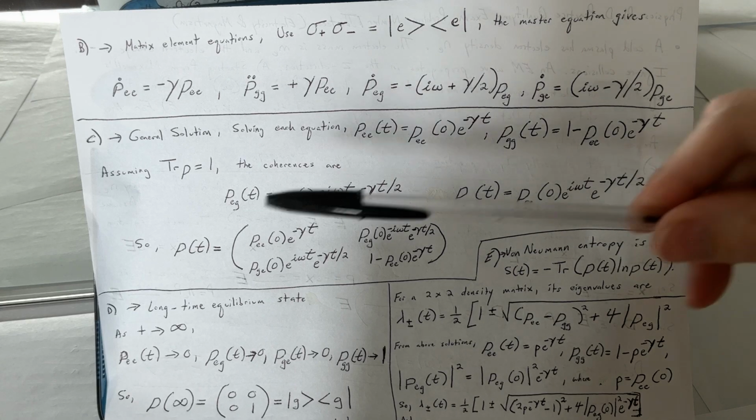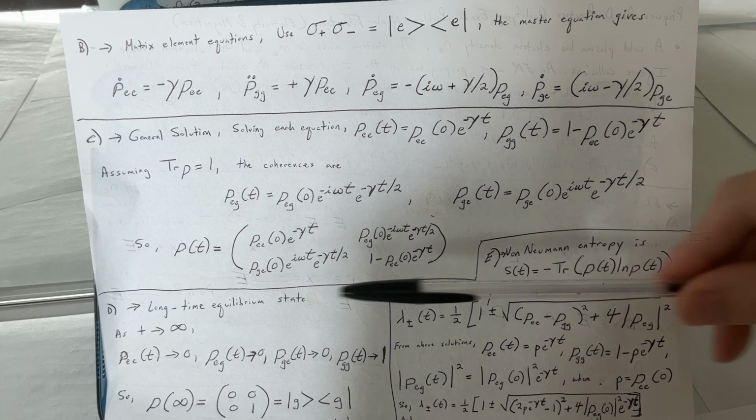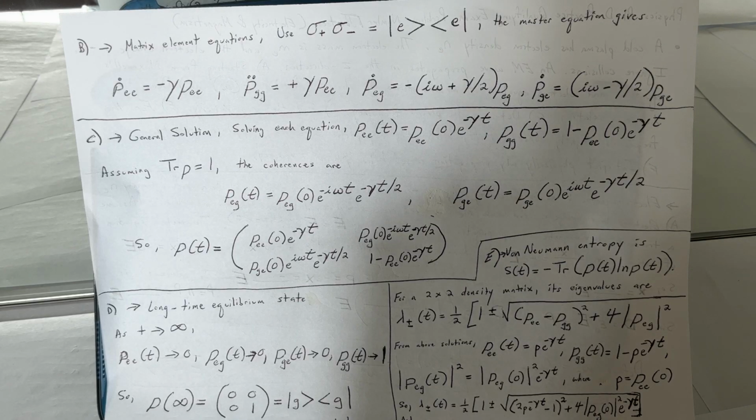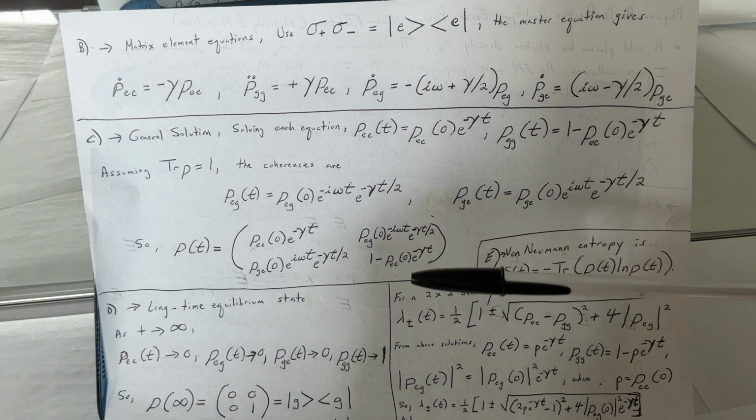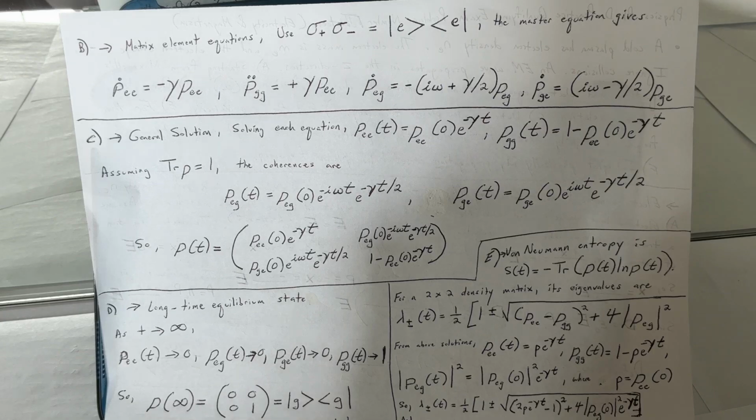And then here, second row, rho sub GE of 0, e to the i omega t times e to the negative gamma t over 2, 1 minus rho sub EE of 0, e to the negative gamma t. And that was solving for rho of t, assuming arbitrary initial conditions, for letter C.